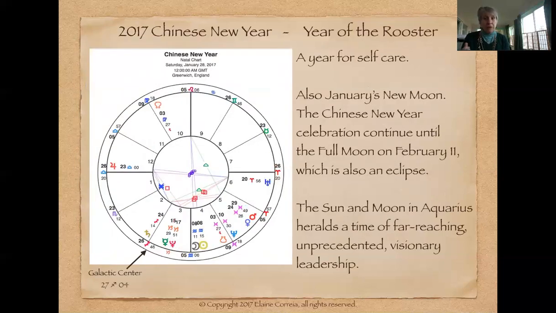So in just a few days, on January 28th, we have the Chinese New Year, and this is the year of the rooster. I don't know if you've ever been around rooster people, but the ones I know are incredible in the way they can take care of themselves, and they look so neat and precise.